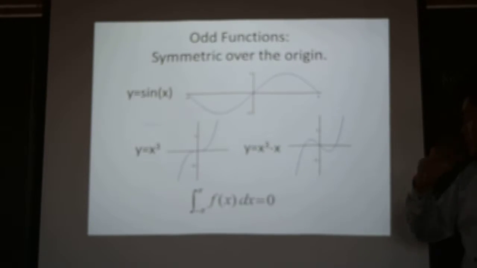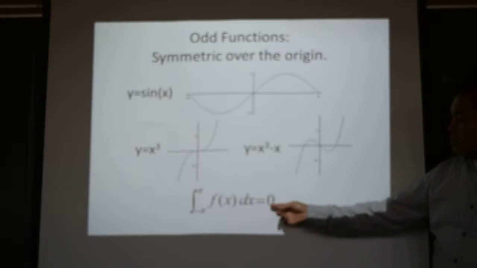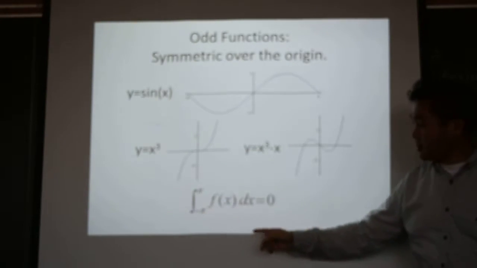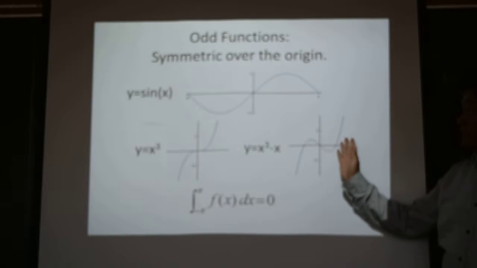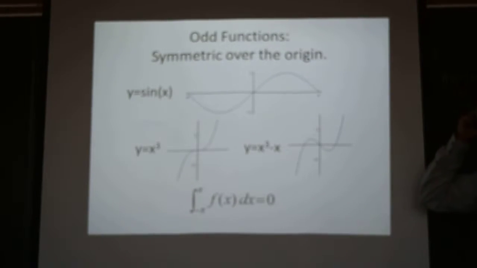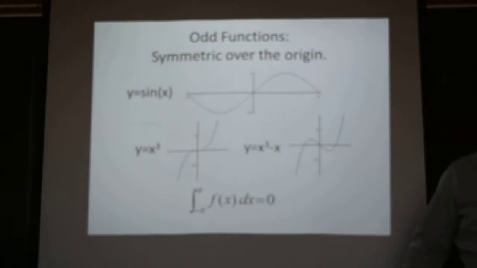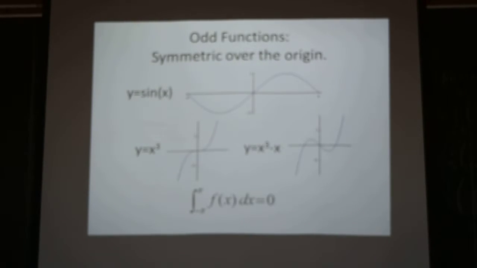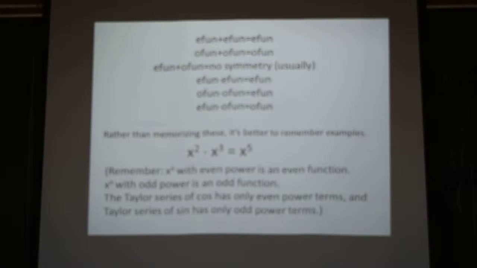It has the property that if you integrate over the symmetric domain, you're going to get 0, because when one side goes up, the other side goes down, so the areas cancel each other.